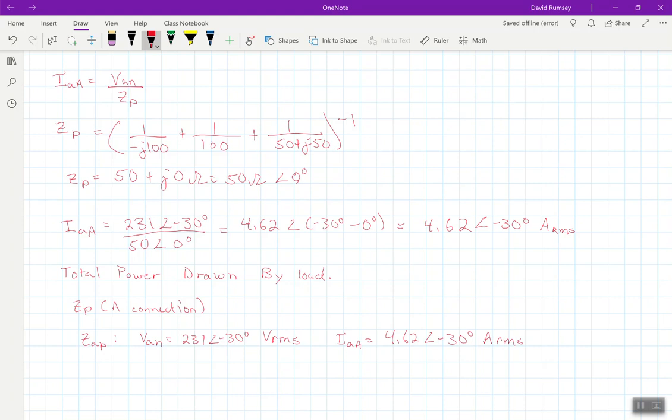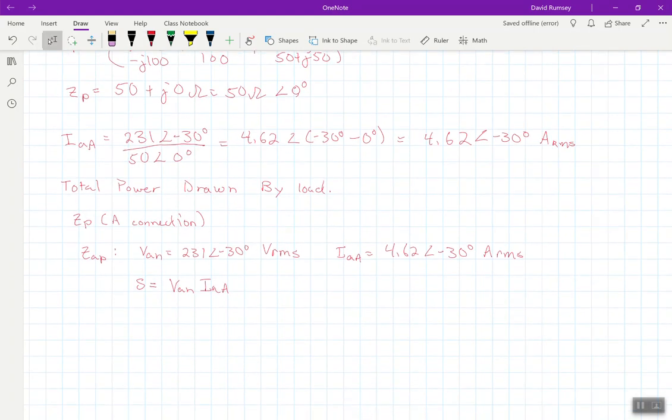And we also know here that then my complex power is equal to, well, in this case it's going to be just my voltage times my current, because there's no 1/2 because I'm in RMS. So what we end up getting here is the power for the ZAP would be 231 at an angle of negative 30 degrees times 4.62 at an angle of negative 30 degrees.